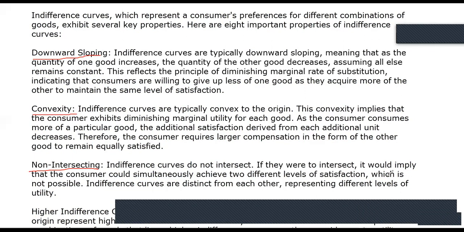If they were to intersect, it would imply that a consumer would simultaneously achieve 2 different levels of satisfaction, which is not possible. So if you're going to draw indifference curves, they look like this.